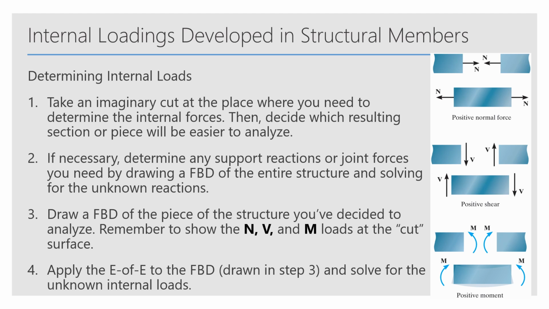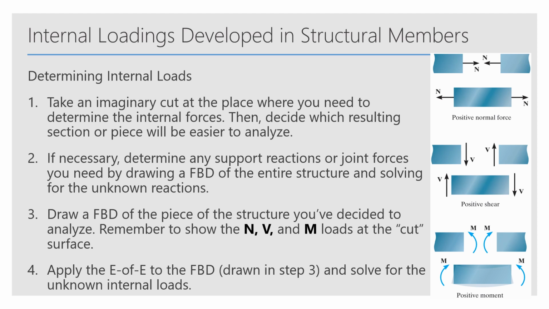When determining internal loads, you take an imaginary cut at the place where we need to determine the internal loads, and then determine the supports and joint forces that are needed for the free body diagram. Draw the pieces with the normal, shear, and moment at the cut surface, and then apply the equilibrium equations.